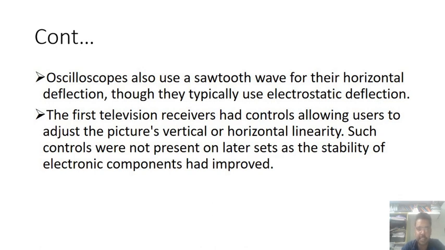One more application: the first television receivers had controls allowing users to adjust the picture's vertical or horizontal linearity. Such controls were not present on later sets as the stability of electrostatic components improved.